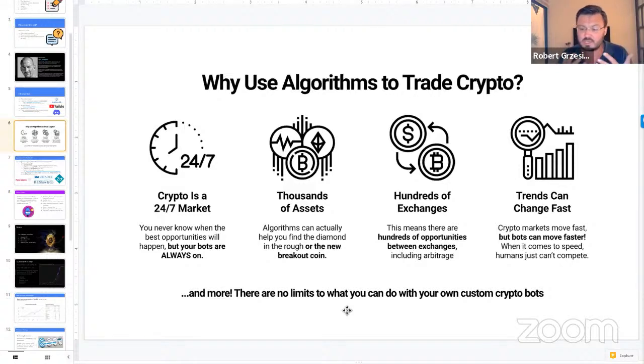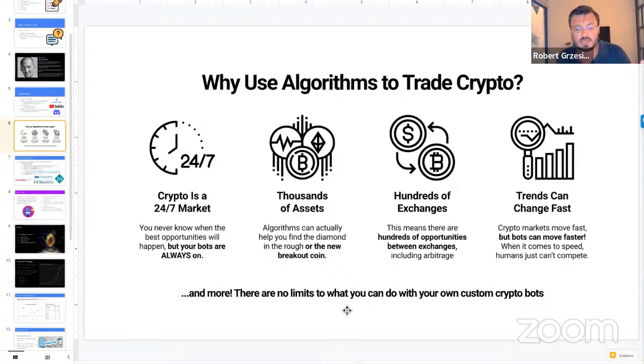There's a lot of different criteria they factor in. You could use that in a bot that will automatically find these coins and buy and sell them for you. That's very difficult for a human being to do, but a bot could be doing it automatically. And there are a lot of other APIs you can connect to and really cool things you could do. So with thousands of assets, you'll be able to sift through that.